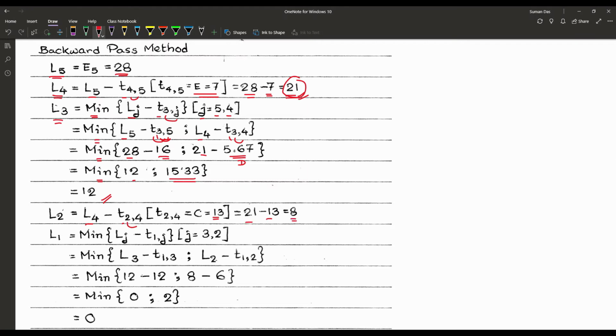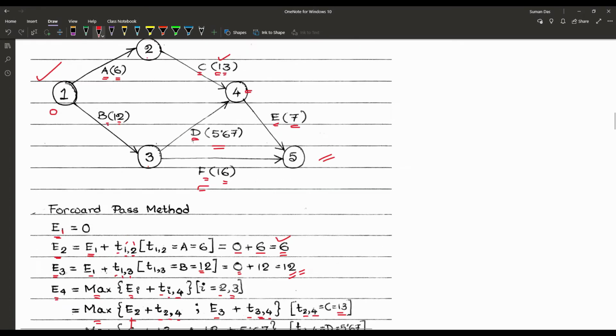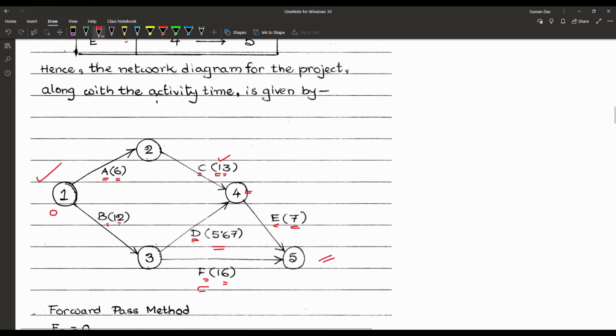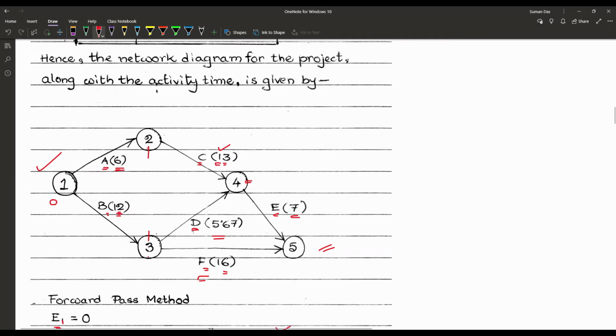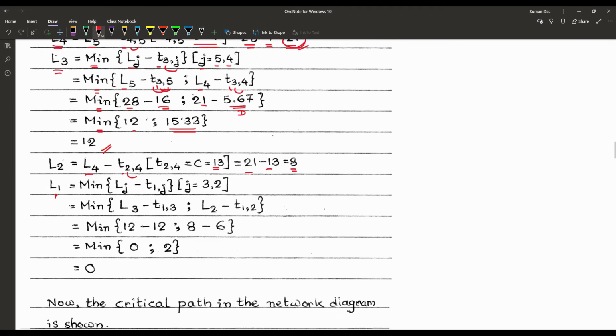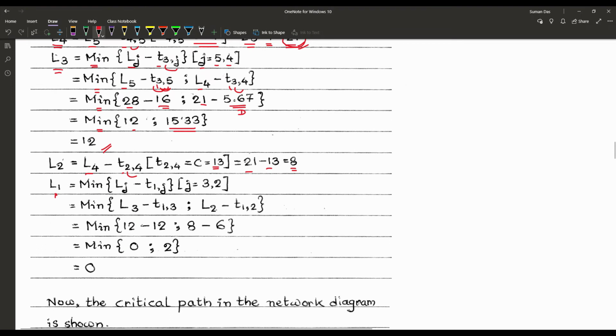Then for the first node, we have to calculate L1. Now when we are calculating L1, there are activities coming from nodes 2 and 3, and the respective durations of the activities are 6 and 12. So when we are finding L1, that is minimum of Lj minus T1j, and j are 3 and 2.